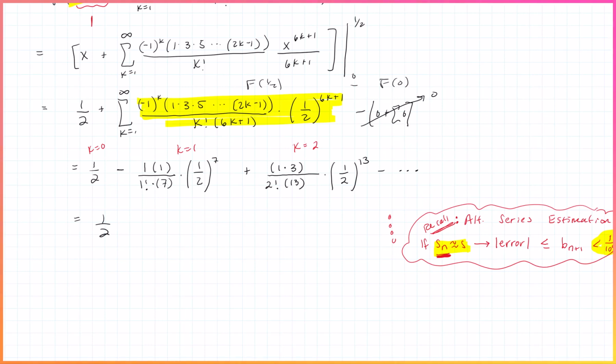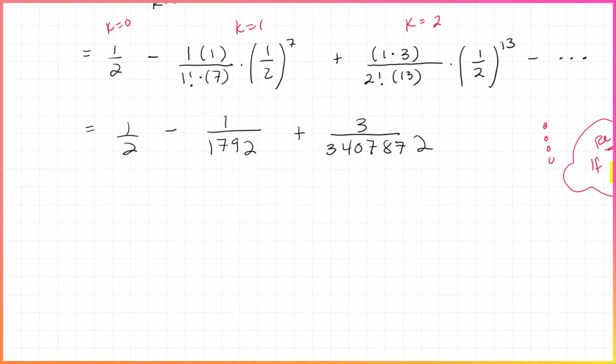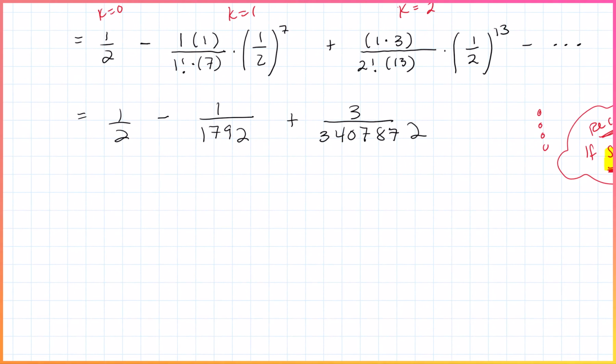So this is 1/2. This ends up being minus 1 over 1792, plus this guy ends up being 3 over, oh man, this is pretty big, 3407872. Okay, that is definitely going to be less than 1 over 10,000. So let's take a look at this term right here.